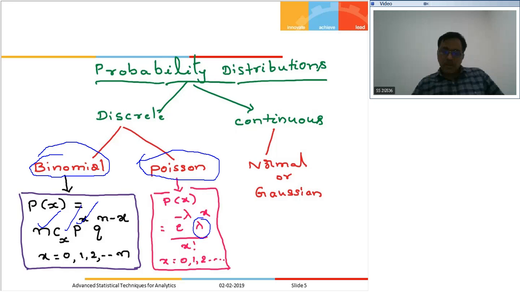When we go for binomial and when we go for Poisson, we should go through it and recall the cases where we have to go for binomial, where we have to go for Poisson, and also what is the difference or the relation between these two. That is very important.